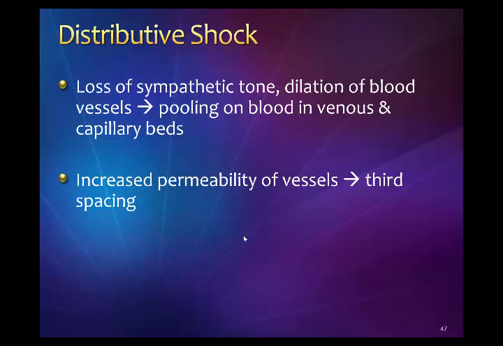And the best way to remember this is it's a vasodilatation. So all 3 of them, for 3 different pathophysiological reasons, result in the vascular bed being vasodilated, that results in a patient losing volume through vasodilatation and decreased return to the heart.